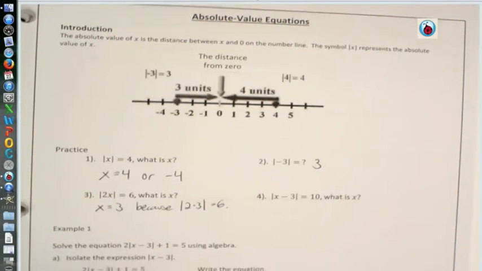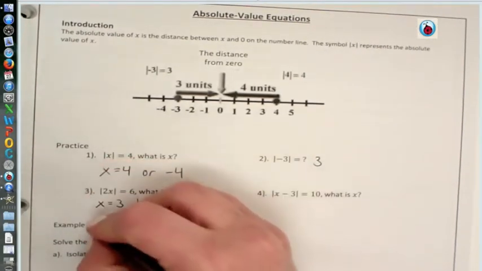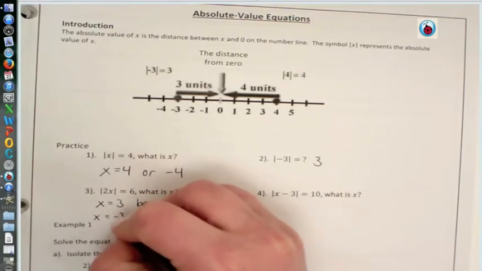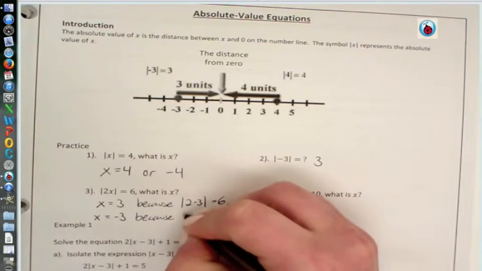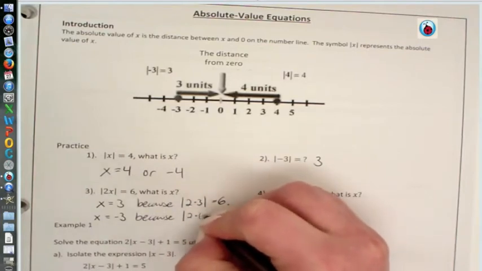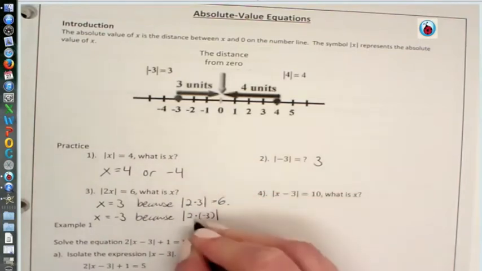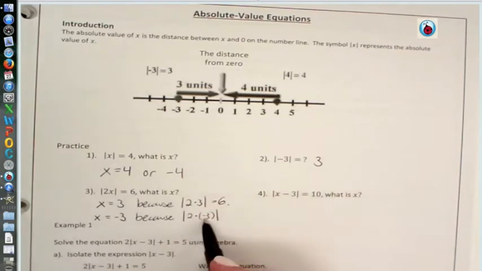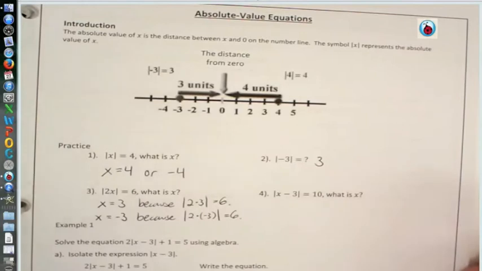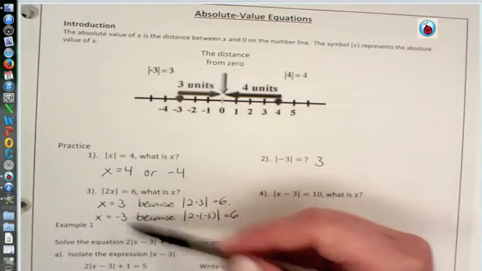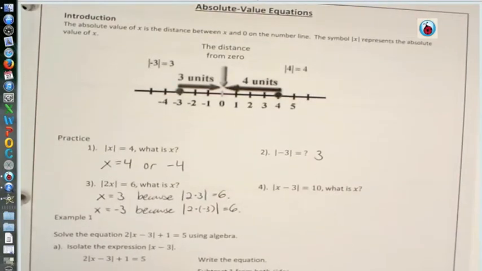But x could also be -3, because 2 times -3 is -6, and the absolute value of -6 is also 6. So we have two different answers there. So x is either 3 or -3. Two possible solutions to that equation.